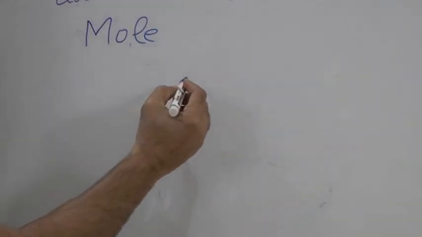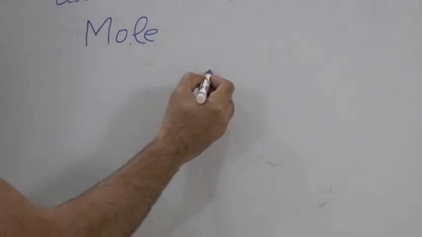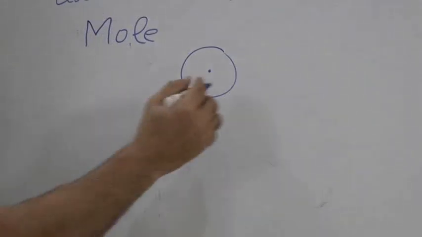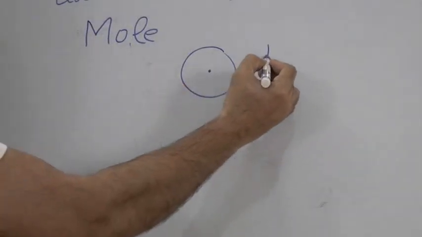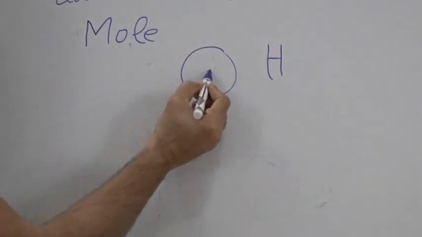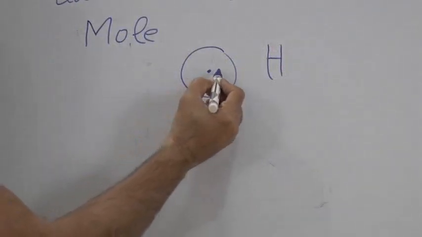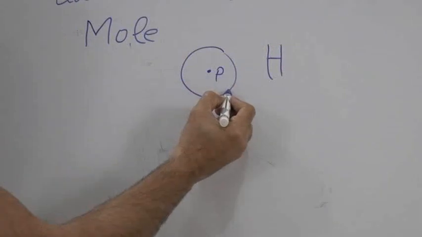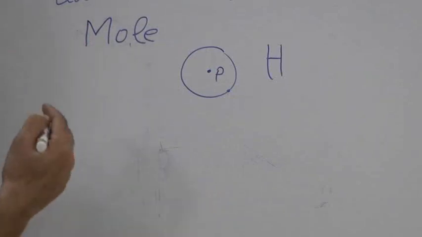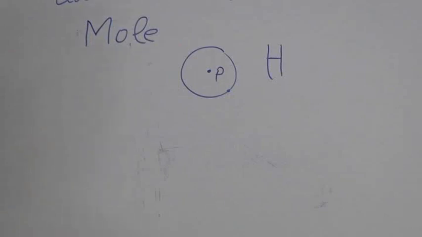You know that atoms are very light and small, and the lightest element is hydrogen, and its atom has one proton and one electron only, and this is the lightest element, and its atom is obviously the lightest.